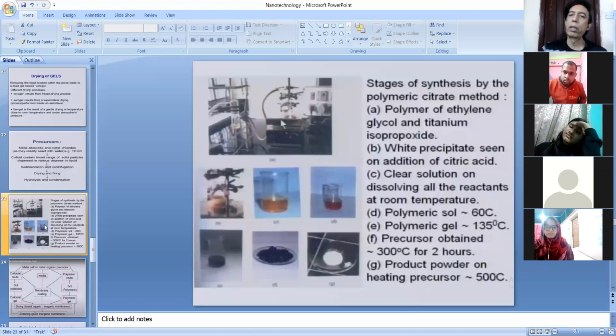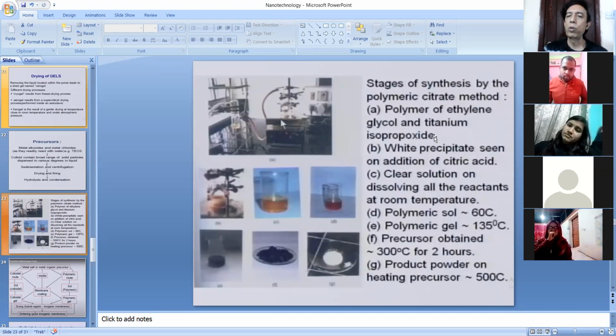How is it formed? Say, for example, let us consider a synthesis by the polymeric citrate process. How is it done? Polymer of ethylene glycol and titanium isopropoxide are used as precursors.